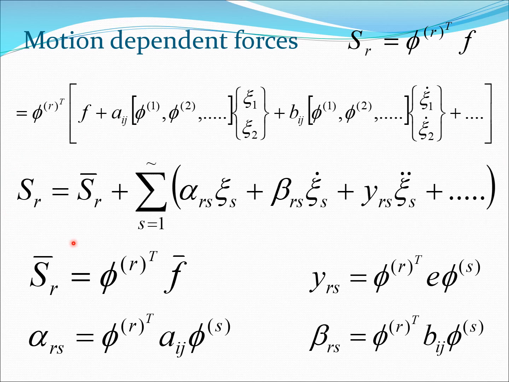So what has happened now is that you have a constant term here, which is a function of time, and then you have these motion dependent terms here. All the motion dependent coordinates have now been expressed in terms of the modal coordinates.